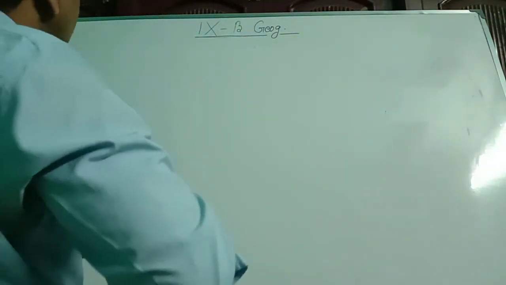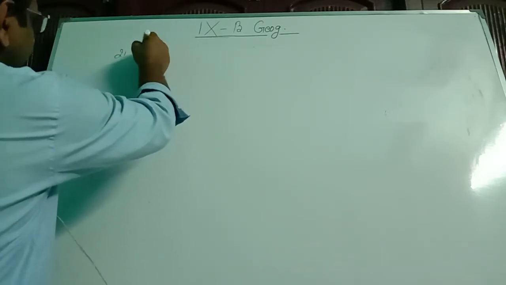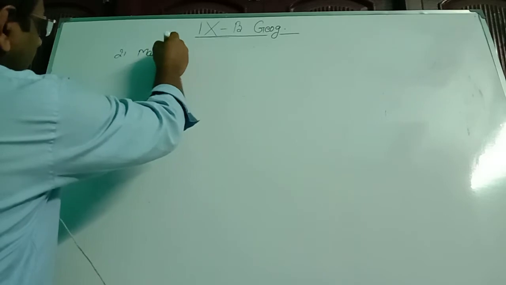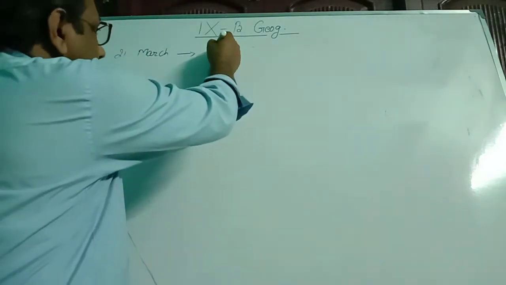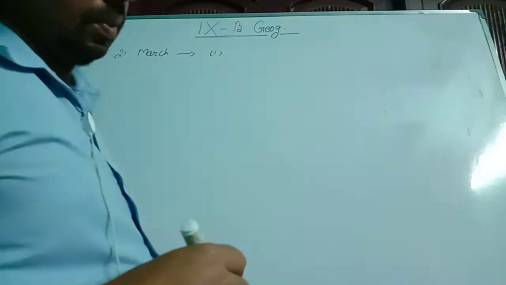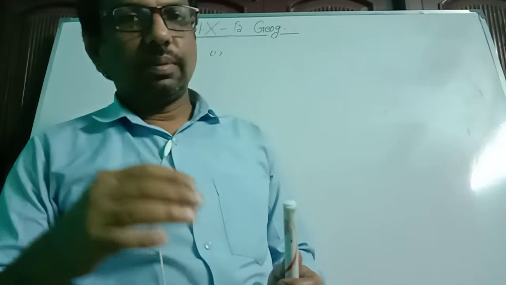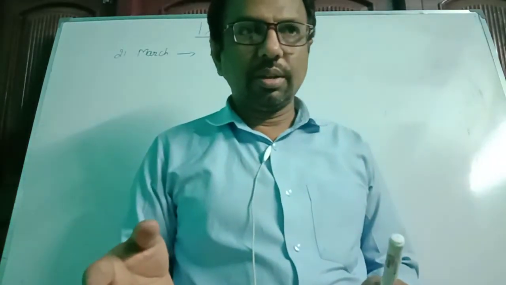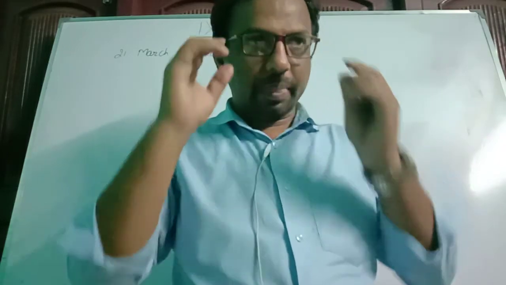So 21st March, number one, the earth is neither tilted nor away from the sun.